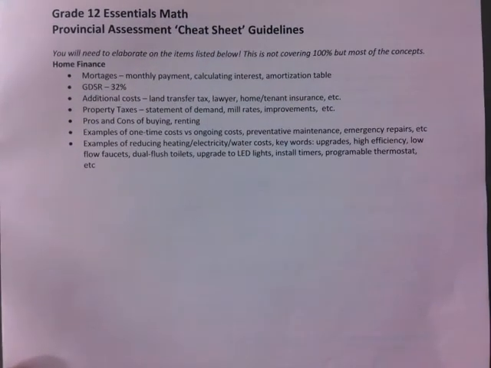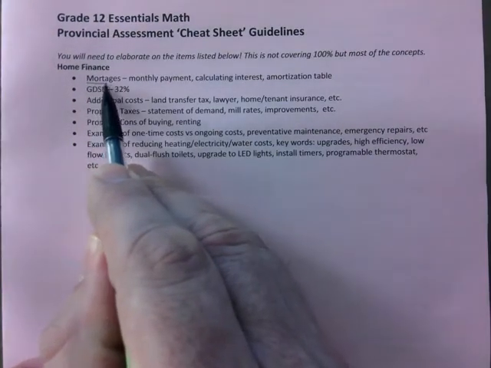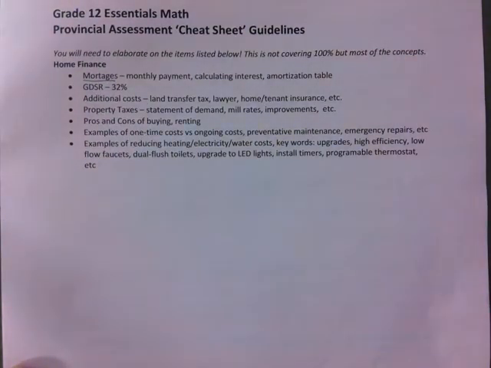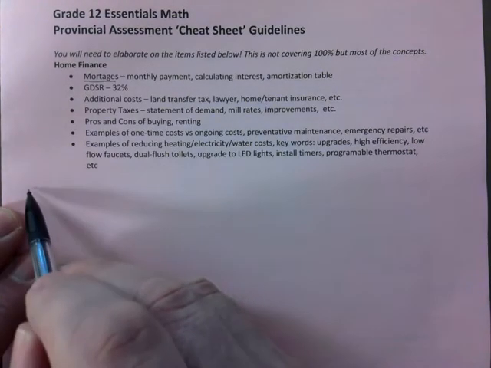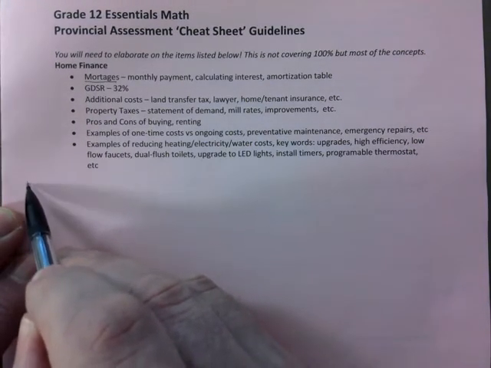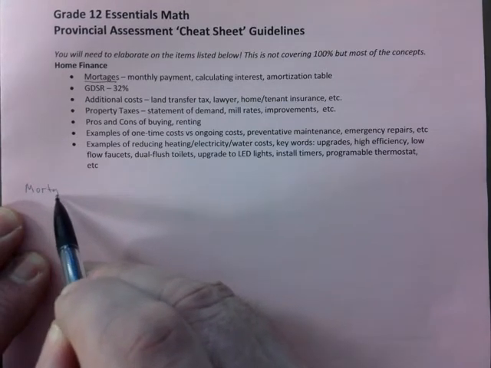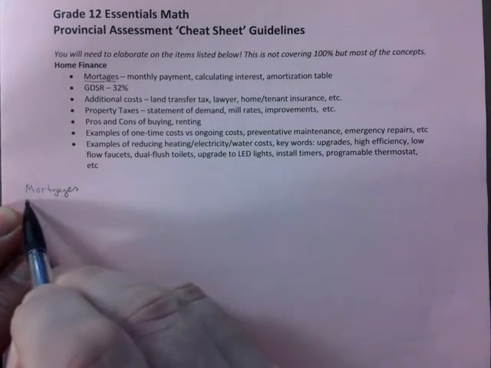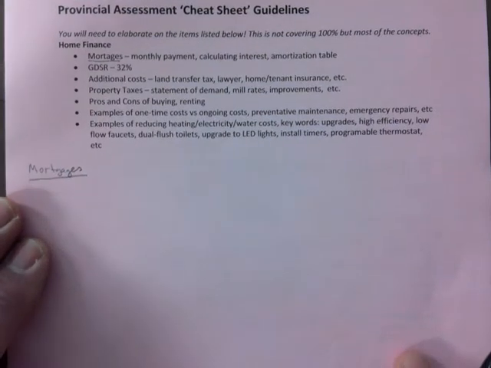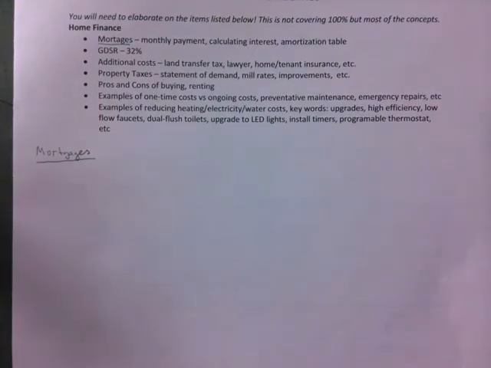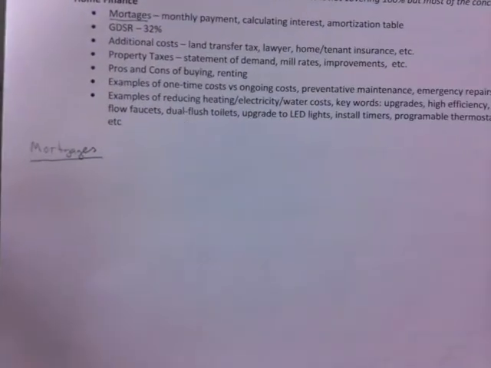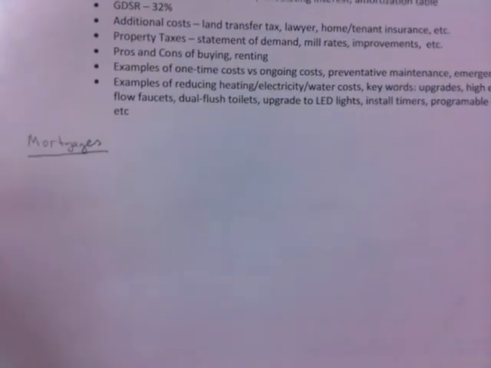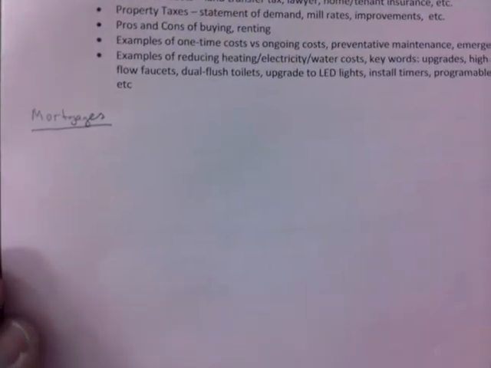Mortgages is almost a guarantee that there's something related to mortgages. For mortgages, it's basically the same thing as loans when we did the vehicle finance. I'll zoom into this section so you can write down.